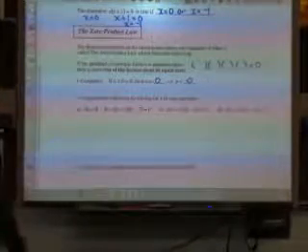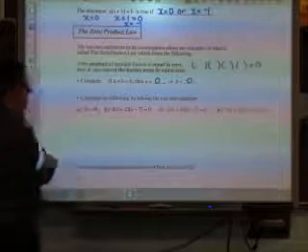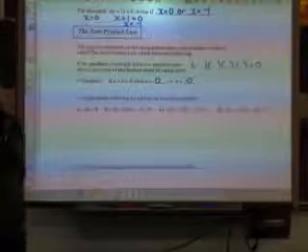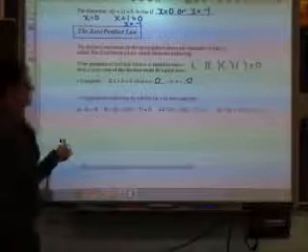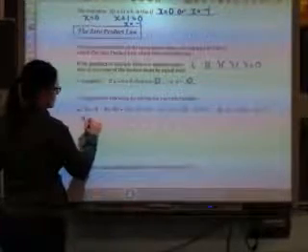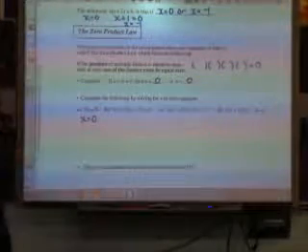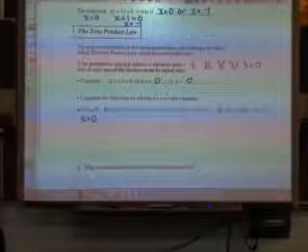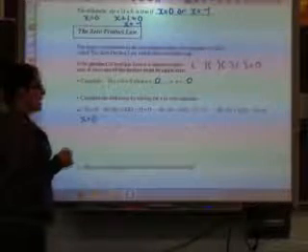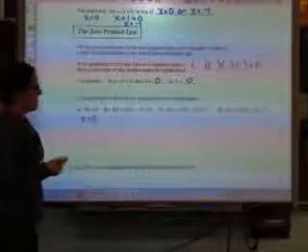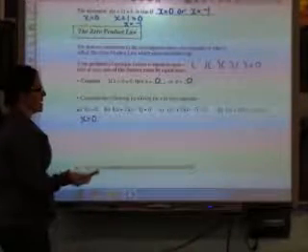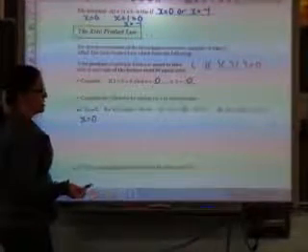So if we look at the following, 8x equals 0. What does x equal? X would equal 0. 8 times 0 would equal 0. In b, 8 times x plus 2 times x minus 7 equals 0.